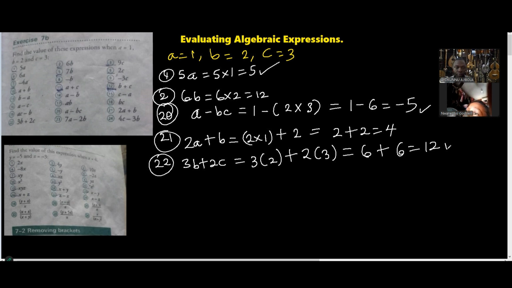Did you say 10 times 2? 3 times 2 gives us 6, and 2 times 3 gives us 6, okay? I thought you said 10 times 2. No, there is no 10 among them. Like there's no minus or plus sign for the answer to number 22.